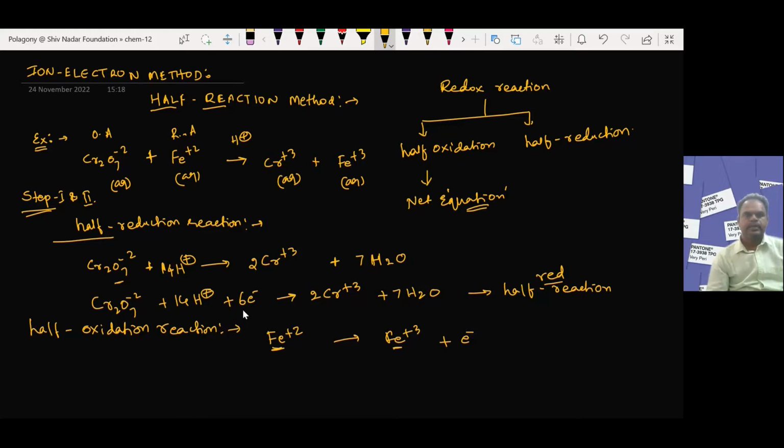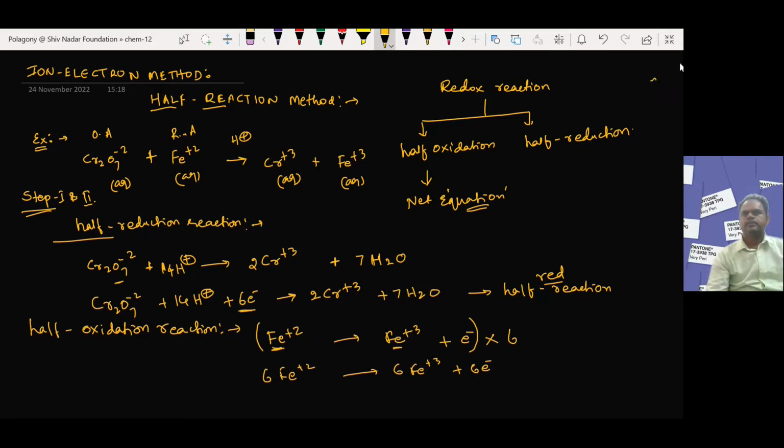But look at the electrons: 2 chromium atoms together gain 6 electrons, while one iron produces only 1 electron. To equate the number of electrons, this equation must be multiplied by 6: 6 Fe2+ gives 6 Fe3+ and 6 electrons.